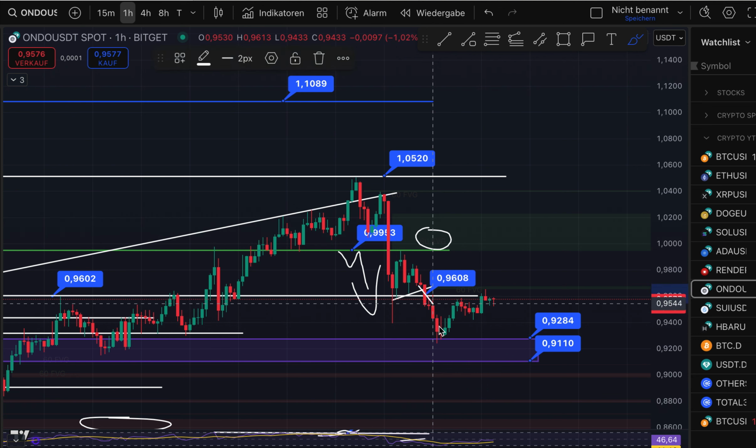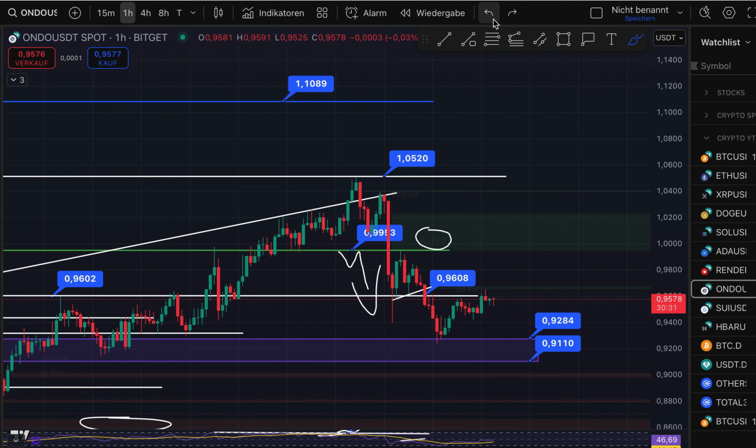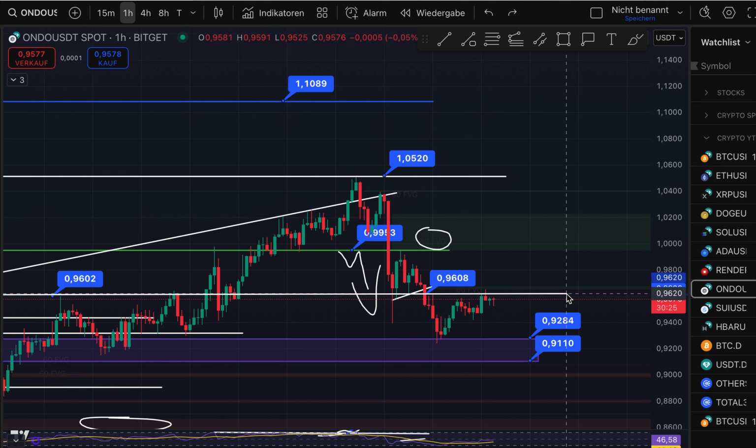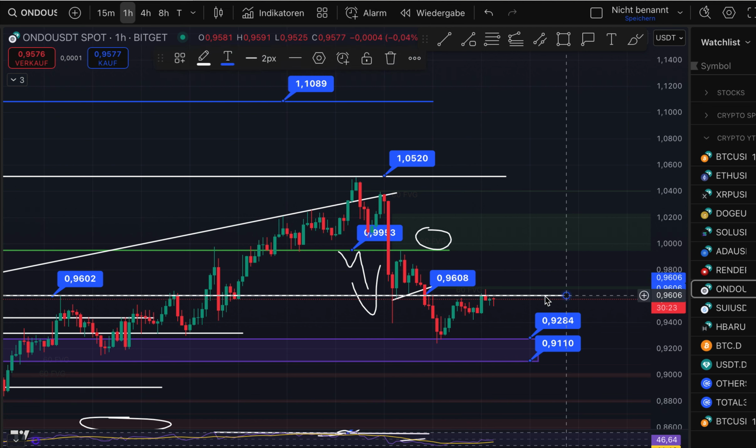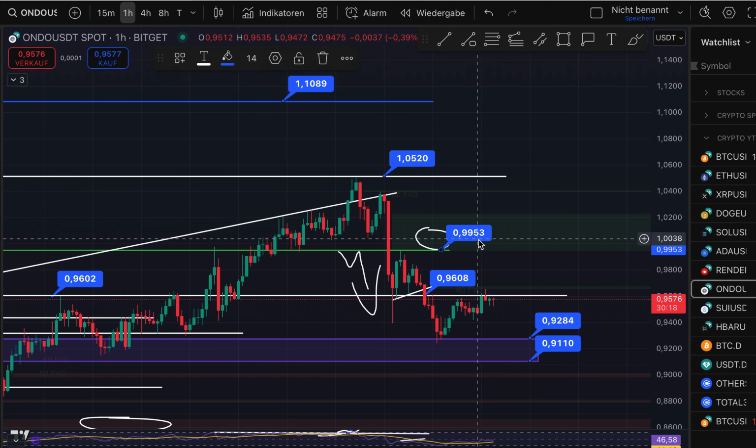We should first get into the box, and from here we have to see if we break to the upside and get into the fair value gap. So far, we didn't get a breakout to the upside. So far, we have to wait for the 96 cents. If they break to the upside, then the chance is high that we are going to meet the 99.5 cents again. And over the 99.5 cents, we have a fair value gap which reaches up to $1.02.